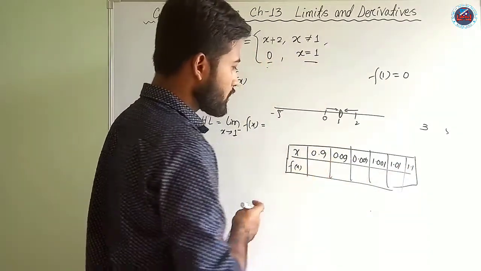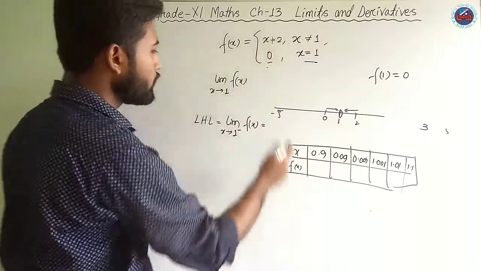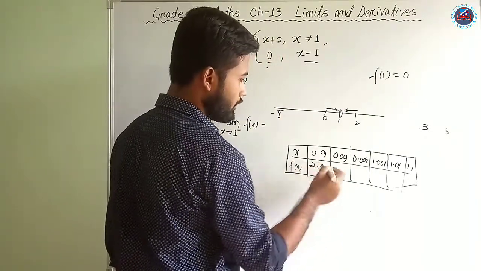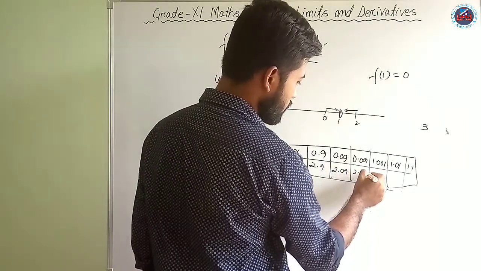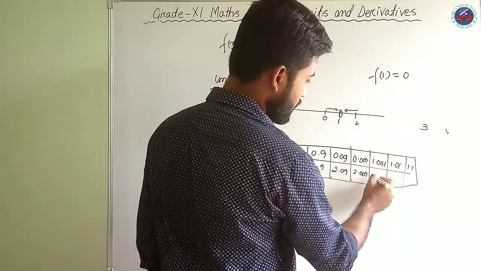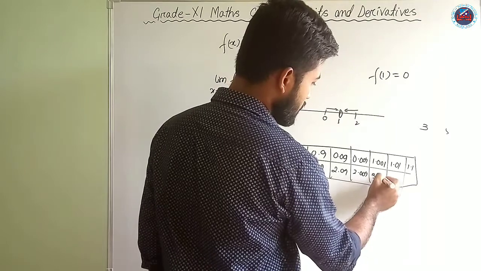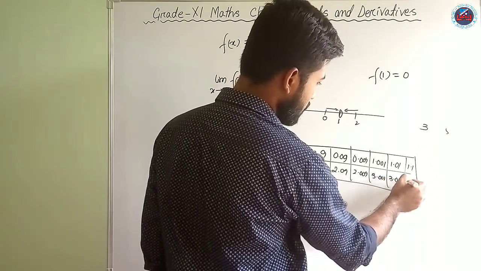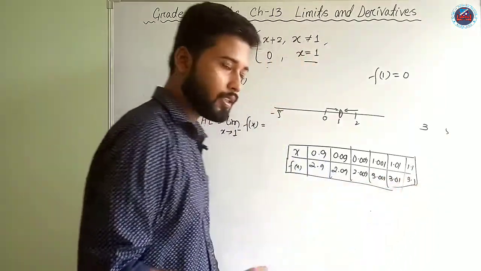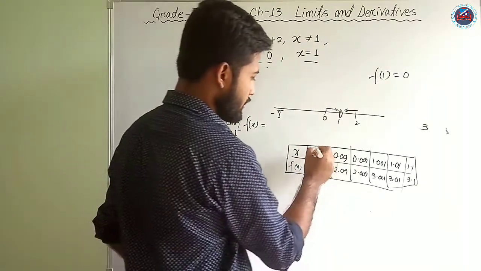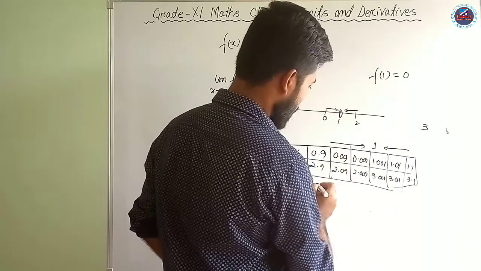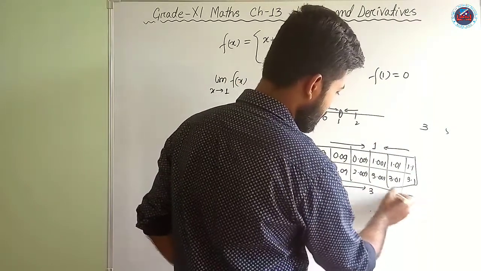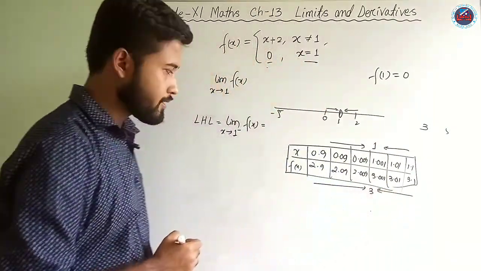Corresponding to 0.9, if I add 2, it will be 2.9, and then 2.99, 2.999, and on this part 3.001, 3.01, 3.1. So in both cases we see that as x is approaching 1, f of x is approaching 3, isn't it?